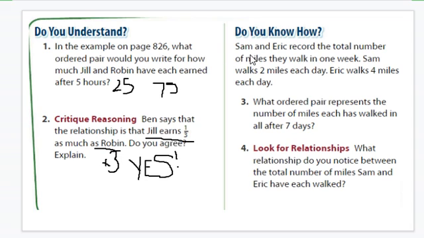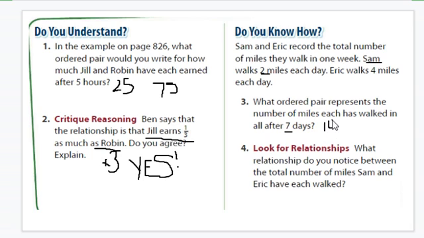All right. So Sam and Eric recorded the total number of miles they walk in 1 week. Sam walks 2 miles each day. Eric walks 4 miles each day. What ordered pair represents the number of miles each has walked in all after 7 days? Well, we remember that we can fill out our chart if we need to, and we can add 2, add 2, add 2, or we can just say that Sam walks 2 times 7, which is 14.